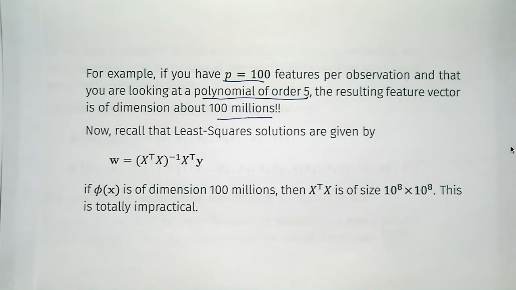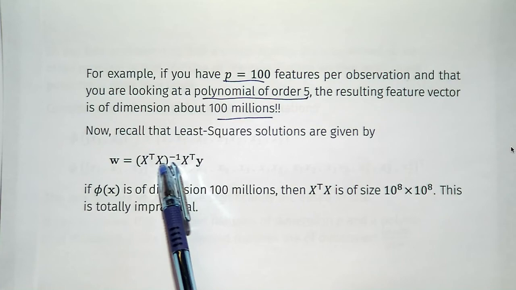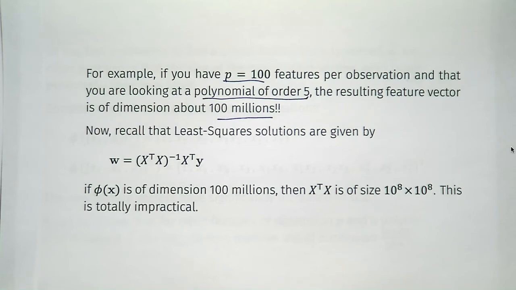So 100 million features in a feature vector for just one customer, that's a bit much, okay? Especially if you think that you have to use least square, at some point you're going to have a matrix here which will be 100 million by 100 million, and that's not nice, okay? So these two problems, you don't know what phi should be, and even if you know what it is, probably the expansion will be mad, okay?